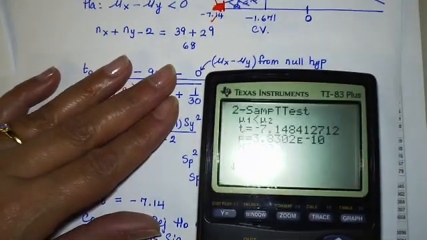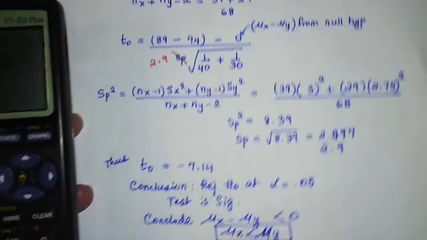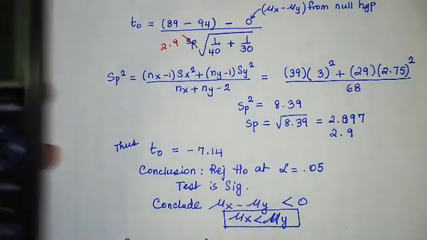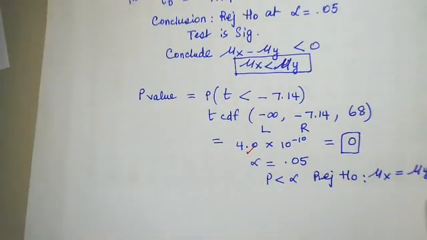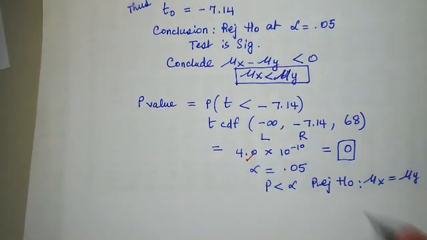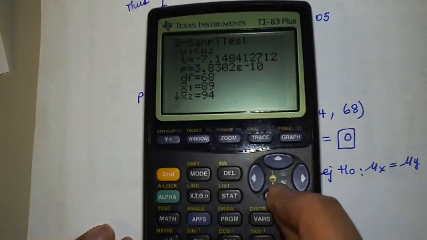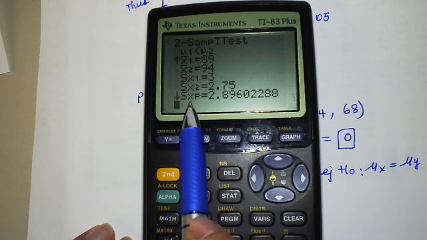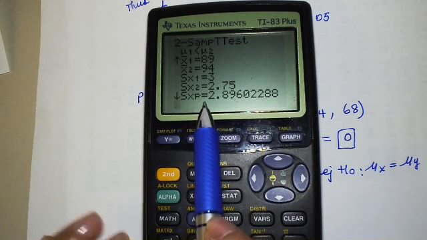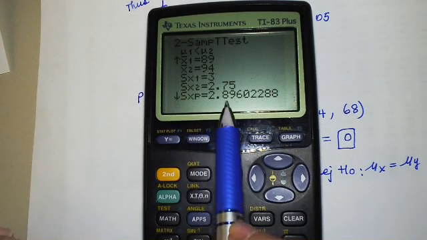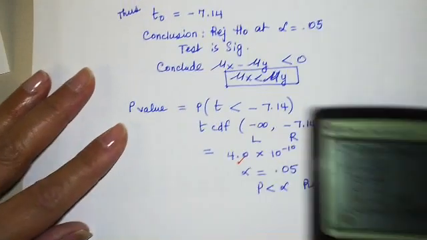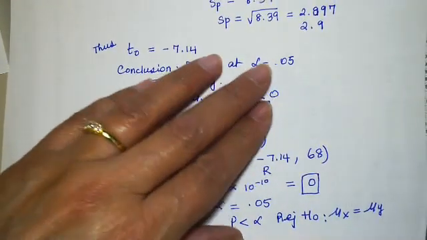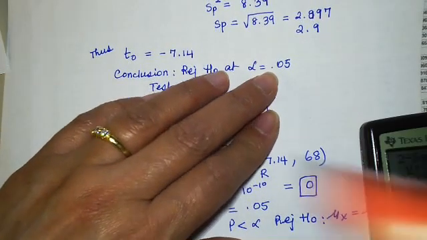Calculate. T equals minus 7.148. What did we get? We got T equals minus 7.14. So that checks. And p-value 3.8 times 10 to the minus 10. We got 4.0 times 10 to the minus 10. So that's good enough for us.